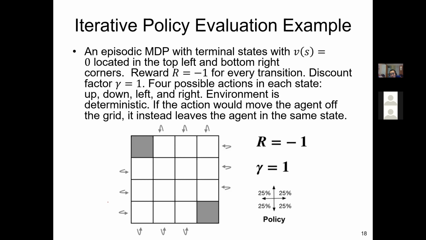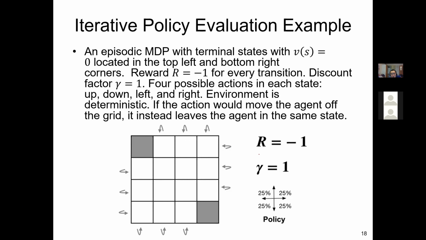For this small example, you can also solve it directly, but we just show the derivation for illustration. So episodic MDP with terminal states on the upper left and lower right. And reward is -1 for every transition. That is, moving the robot costs some electricity or fuel.